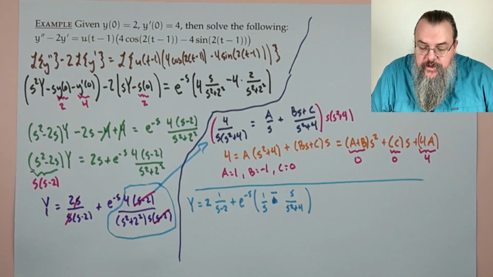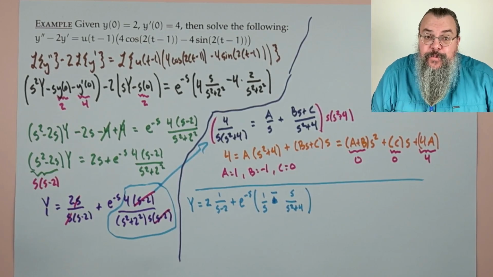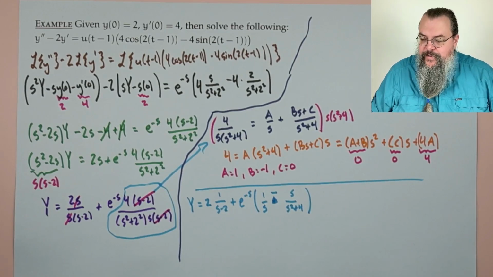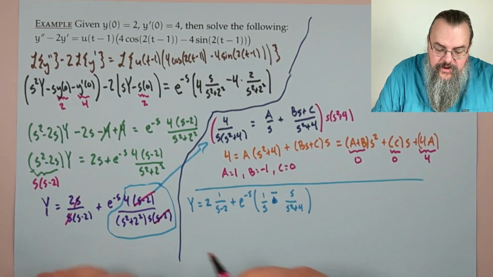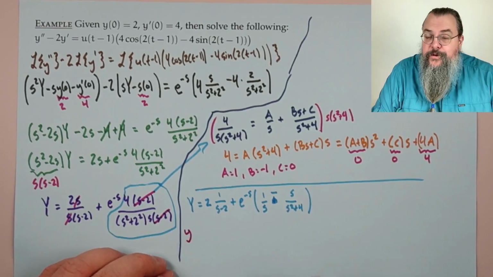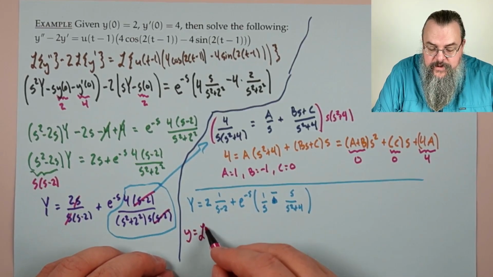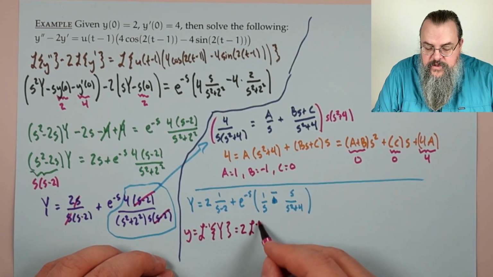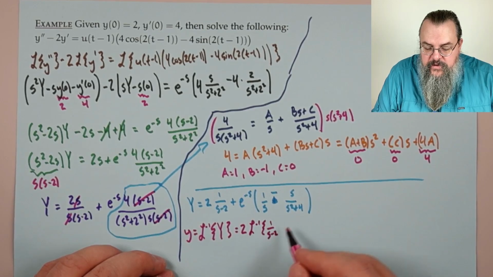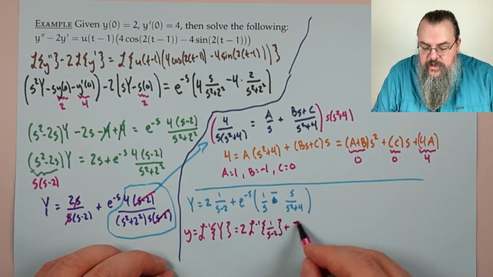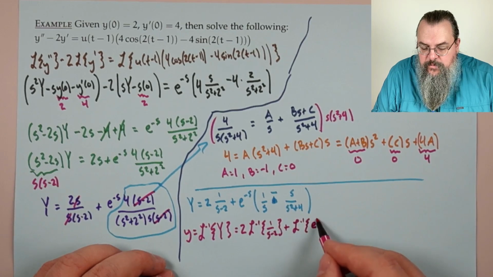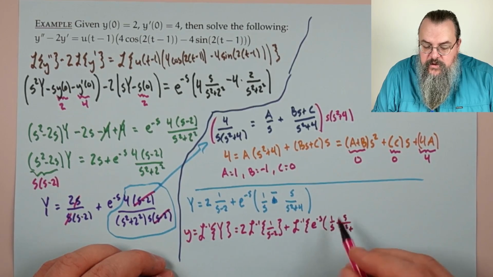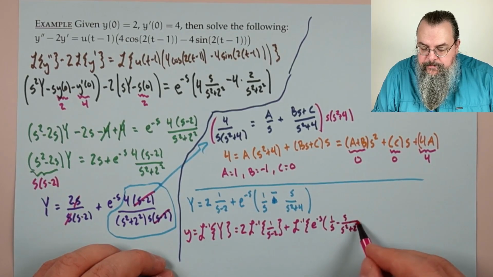All right, good. Now, are we ready to do the inverse Laplace? Yeah, we are. Everything's actually really nicely set up for us. And so we say, okay, that tells us that what we're after, because we're trying to solve, little y, inverse Laplace of capital Y, well, that's 2 inverse Laplace of 1 over s minus 2, plus the inverse Laplace of e to the minus s, 1 over s minus s over s squared plus 2 squared.